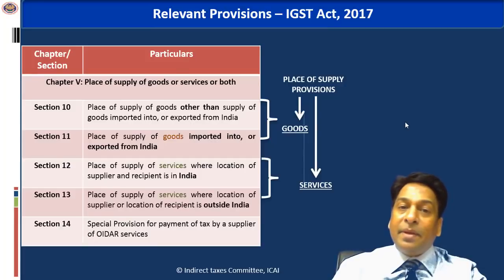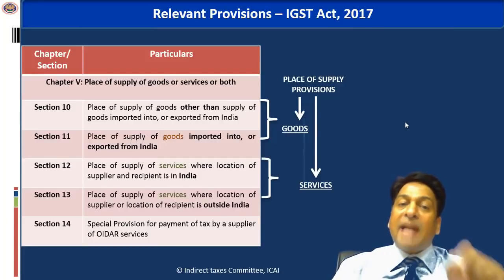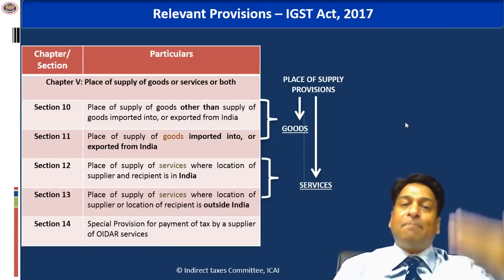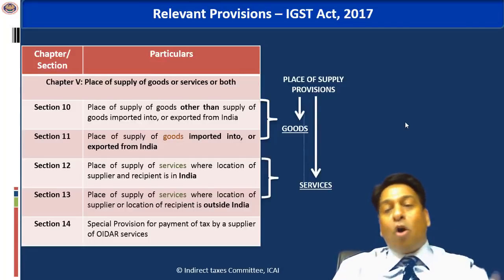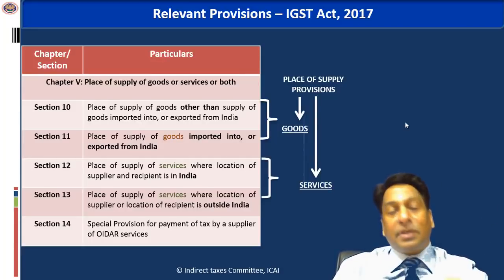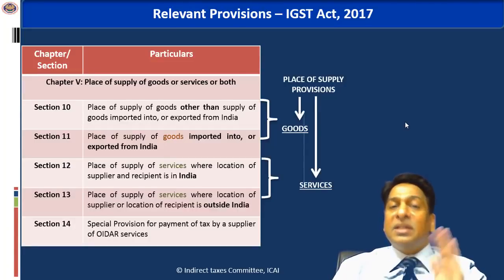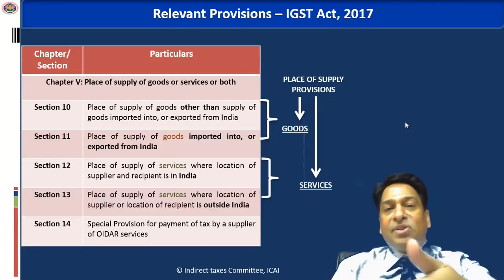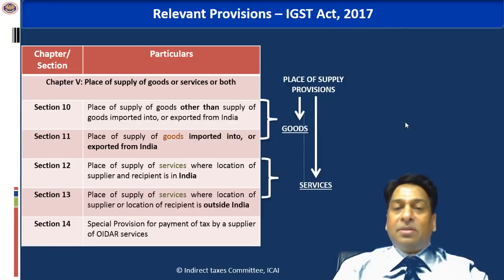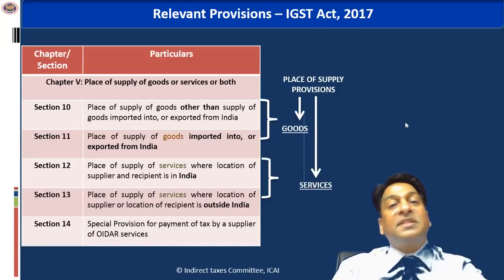Section 11 is for export and import of goods, so place of supply for export and import of goods. Section 12, place of supply for services within India, either intra or inter. Section 13, export and import of services.